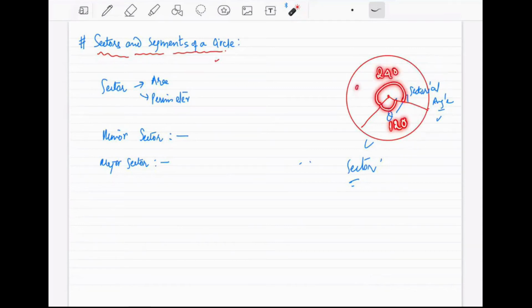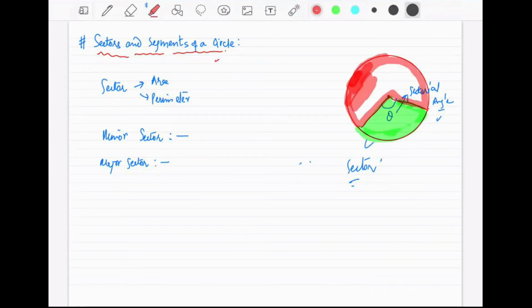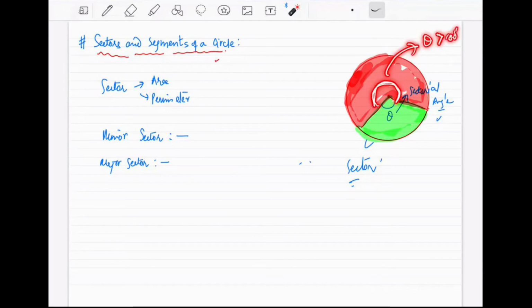So we have got two sectors here, the upper portion and the lower portion. Let me show you by shading them a little. The part that I'm shading here with green, in here the sectorial angle is less than 180 degree. The upper portion right here, the one that I'm shading in red, this has a sectorial angle which is greater than 180 degree.